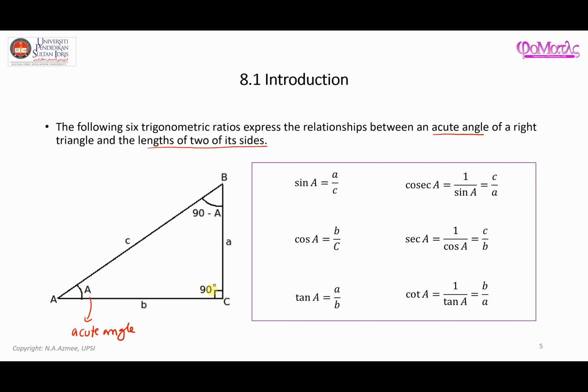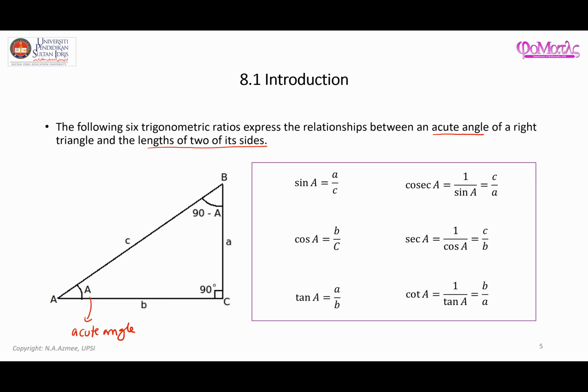On this side is the right angle, which is exactly 90 degrees. And this is also an acute angle, which is just 90 minus A, since the sum of all the angles in a triangle must be 180 degrees.